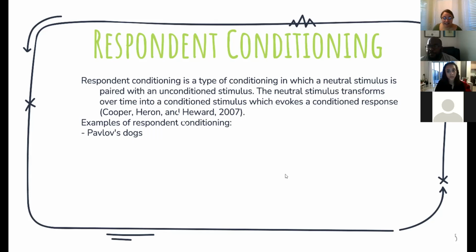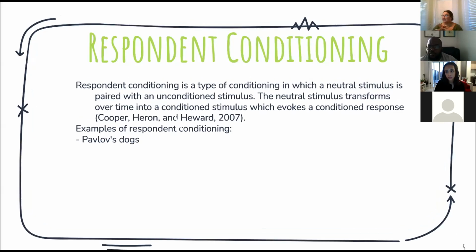Yes, that's a good one. Another one that gave me a light bulb moment: when you see a bright light that shines in your face and you twitch your eyes because you don't want to see the light, that was an example of respondent conditioning. Your body just reacted to that light, right?